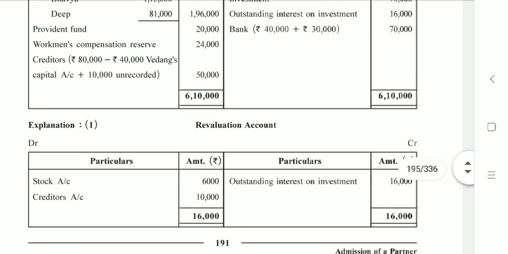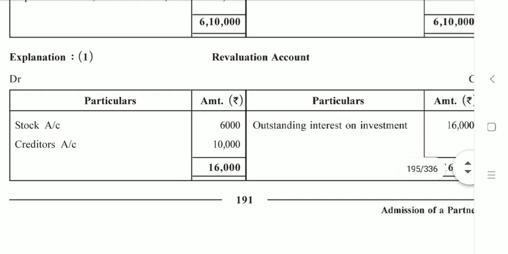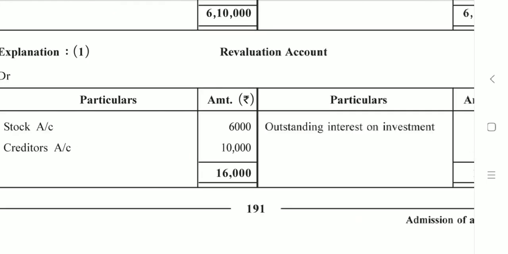So its posting will be on this side, creditors account 10,000.